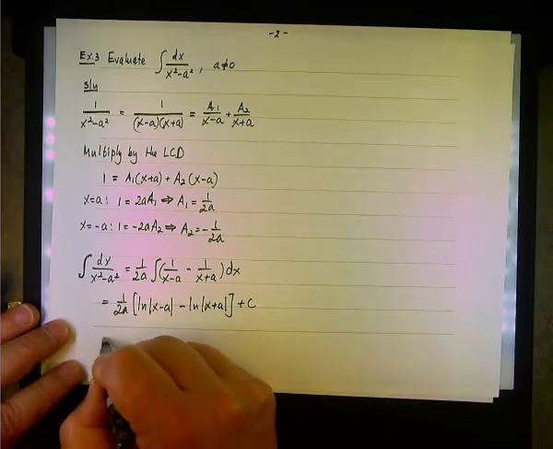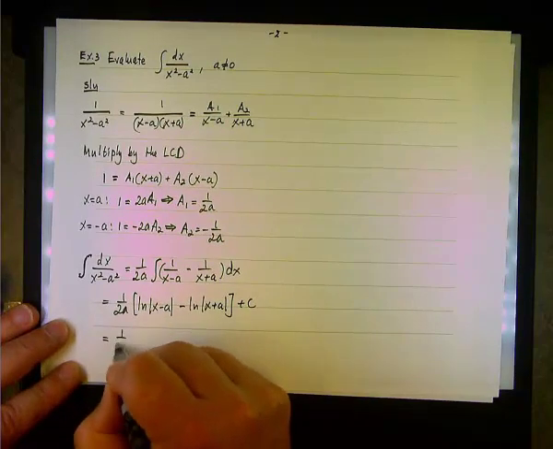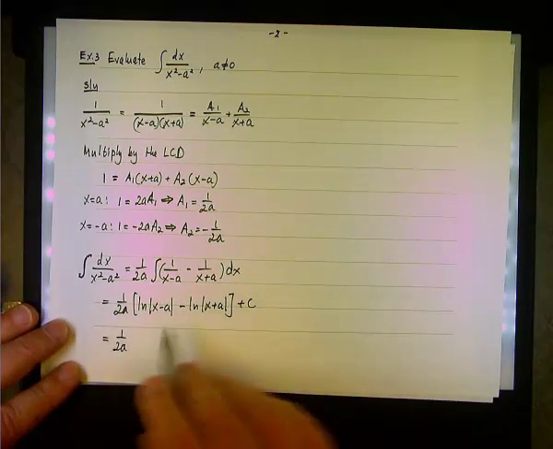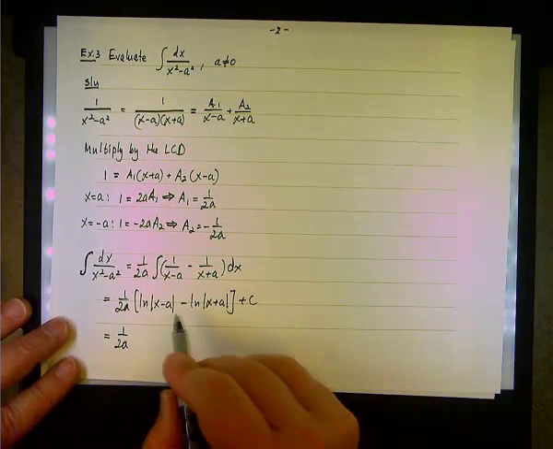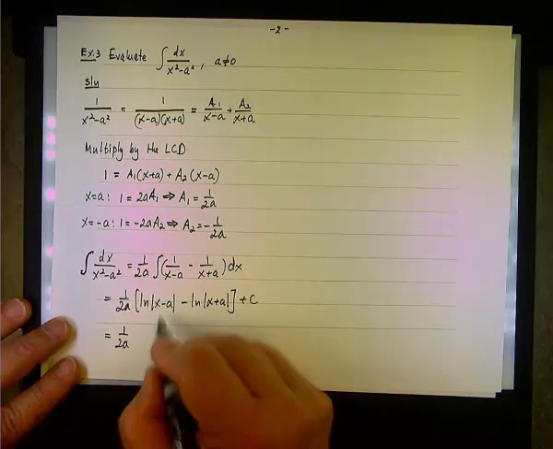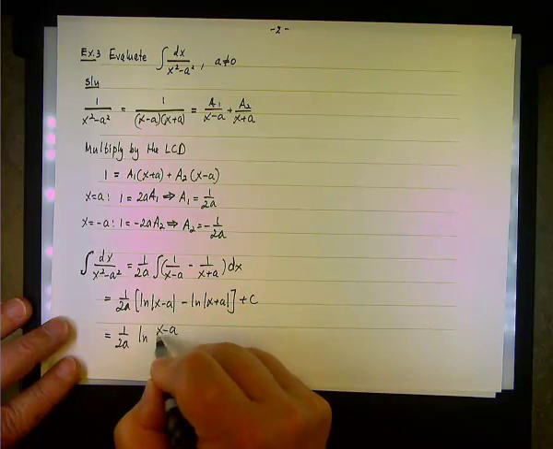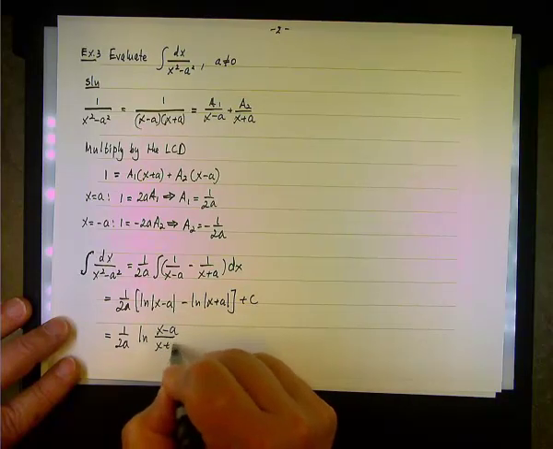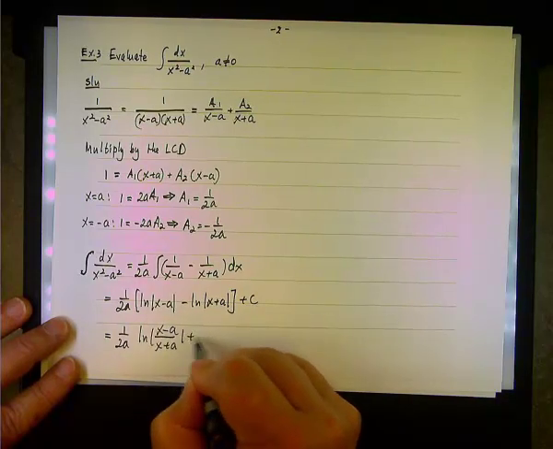And the final result will be 1 over 2a. We can simplify the difference of natural logs, so it will be the natural log of a quotient, x minus a over x plus a, plus c.